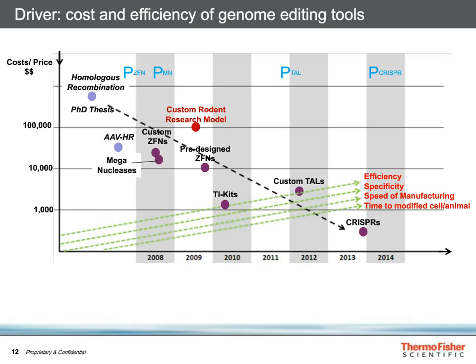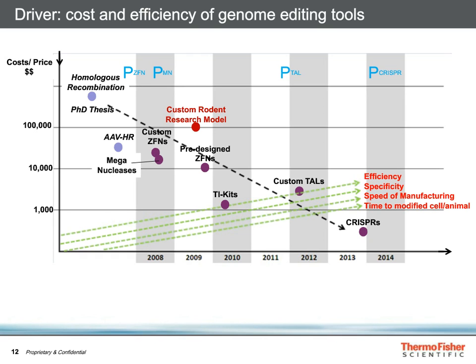And then as you can see, the era of zinc fingers comes in around 2008, and then you come down to custom TAL effectors in about 2011, 2012. Meanwhile, the cost for each of these is dropping quickly. The specificity and the efficiency and the speed, the ease of manufacture is going up and getting better.